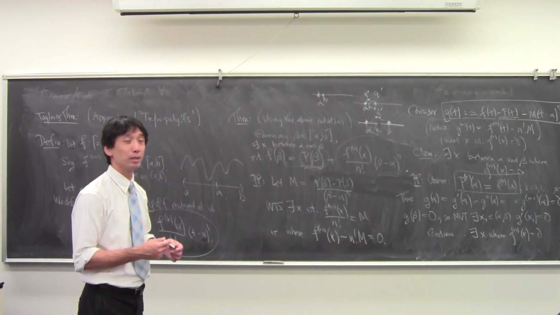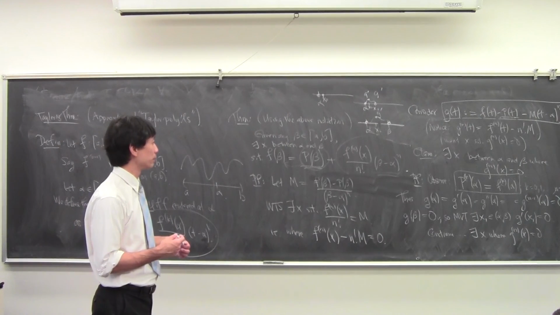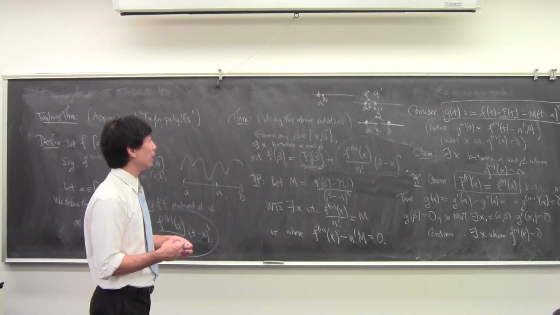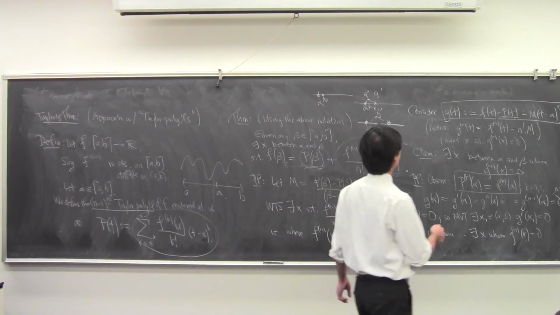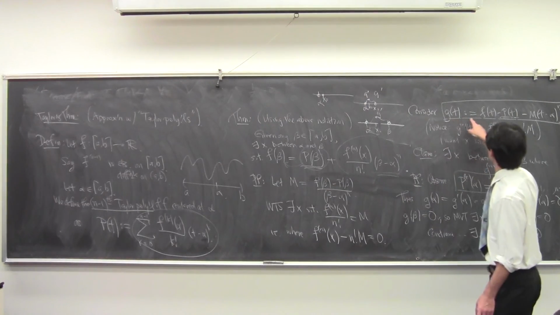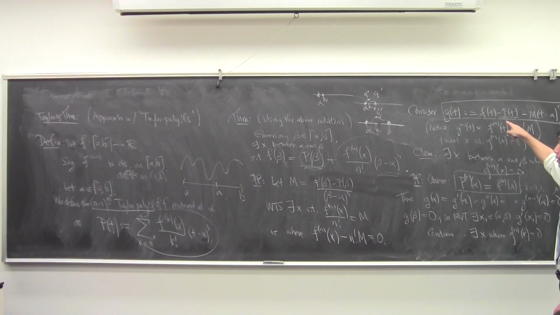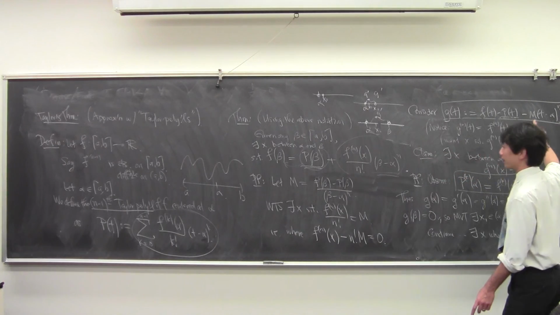Yeah, Adam. I'm sorry, where did the g of beta equals 0 come from? So look at what M is.